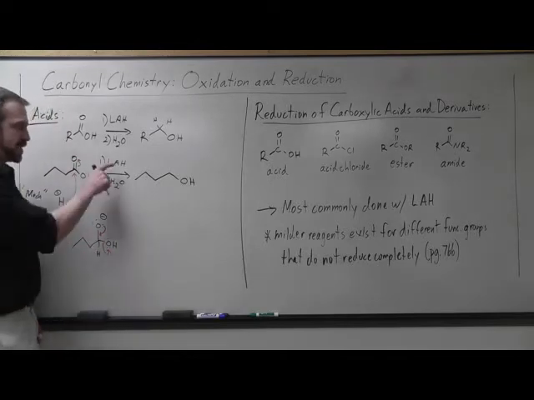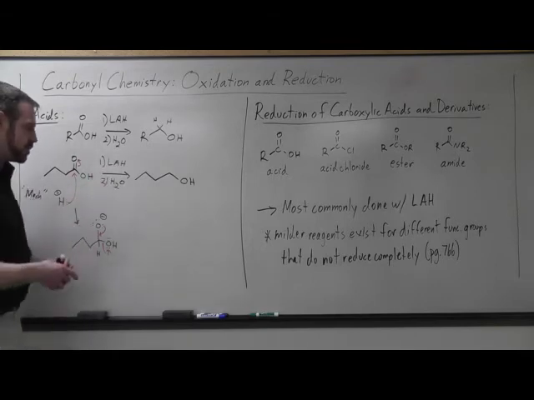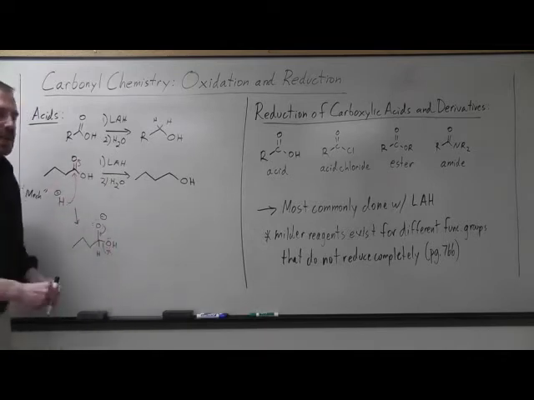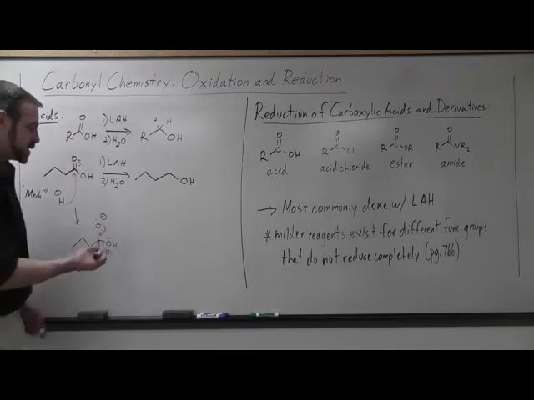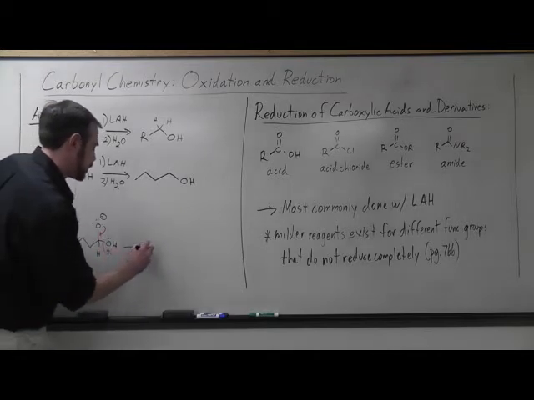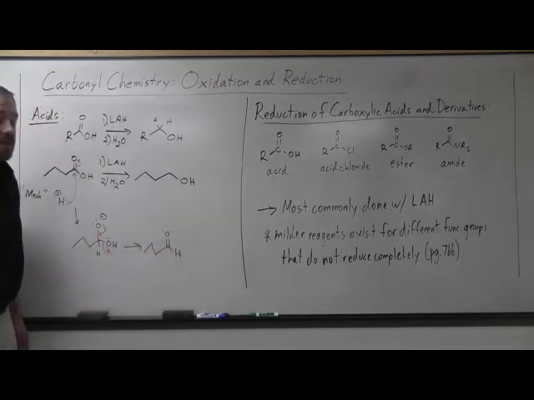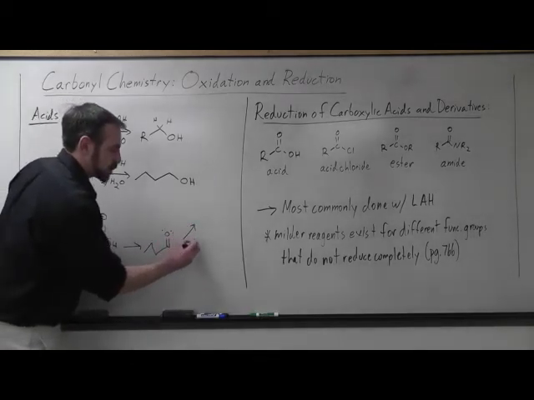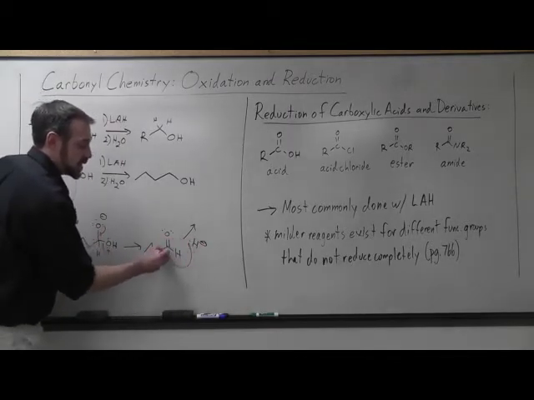What's left out of this mechanism is the A in LAH, which is the aluminum. The aluminum as a +3 metal is really stabilizing this intermediate, and it's going to be bonded to this as it leaves. So this hydroxide will be bonded to the aluminum, and that stabilizes it as a leaving group. But effectively, when this occurs, then we just have an aldehyde. And so your second equivalent of hydride can then attack again.